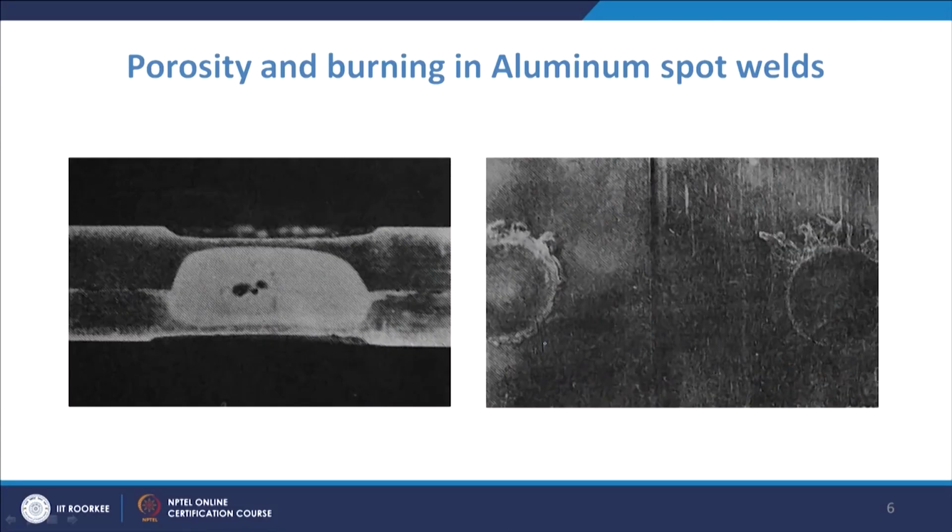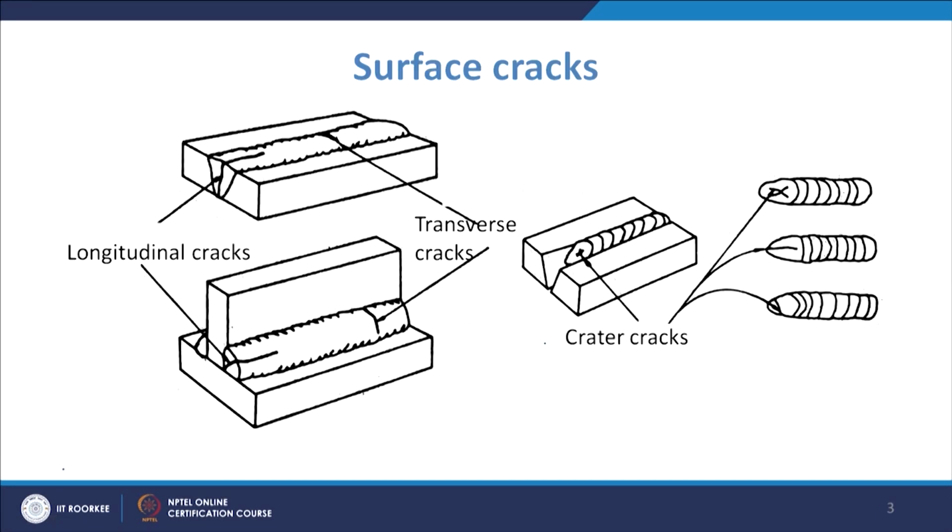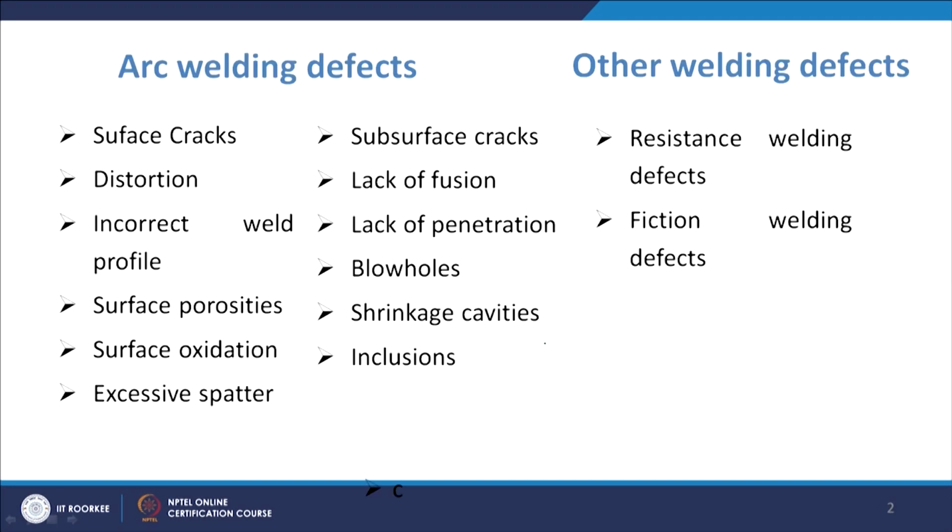Other than arc welding, there are other types of welds. If you try to refer to our slide, other than arc welding, you have other welding like resistance welding and friction welding.